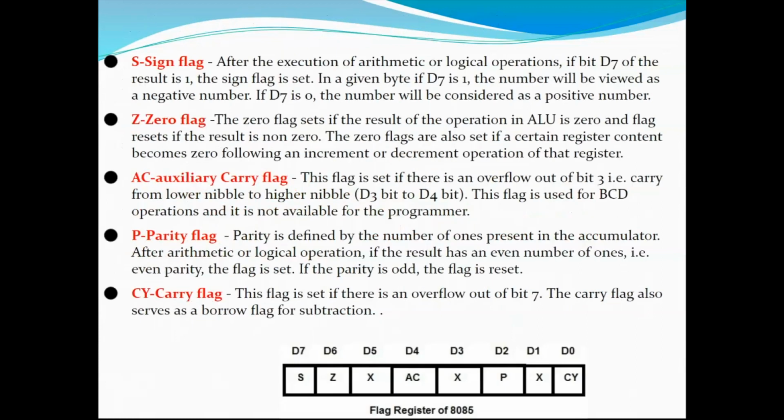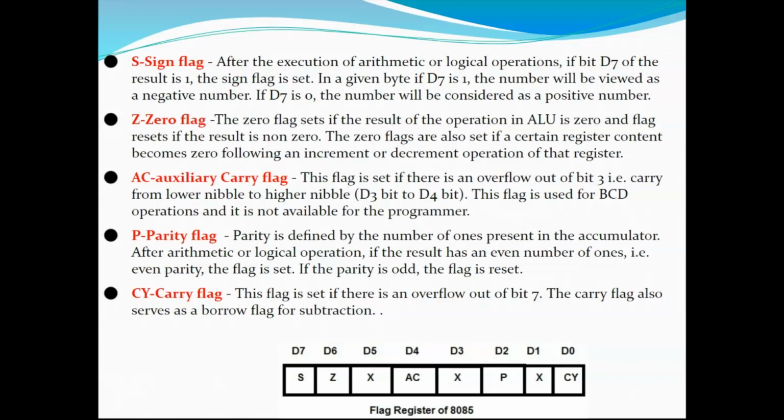The sign flag is set after the execution of an arithmetic or logic operation. If bit D7 of the result is 1, then the sign flag is set. In a given byte, if D7 is 1, the number will be viewed as a negative number, and if D7 is 0, the number will be considered a positive number.